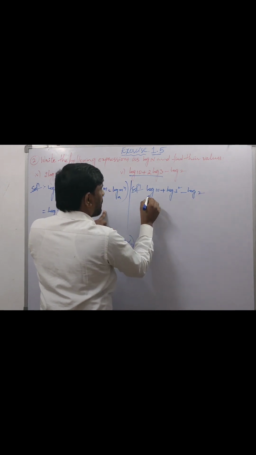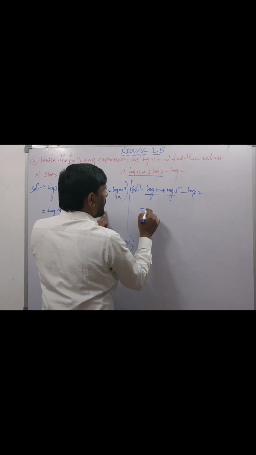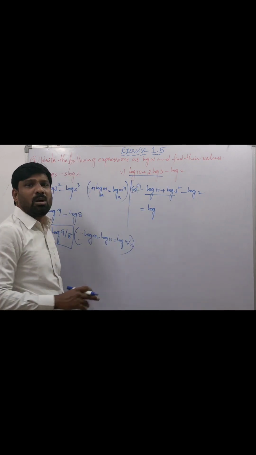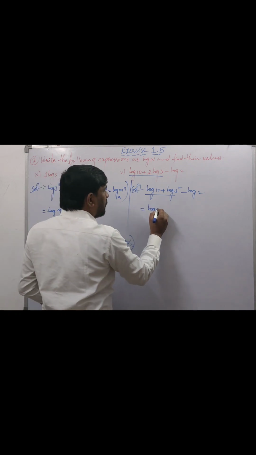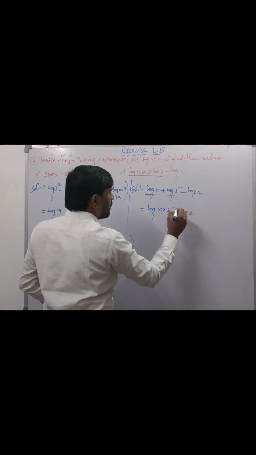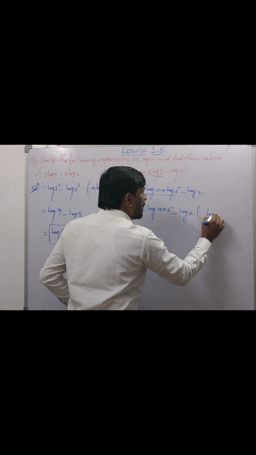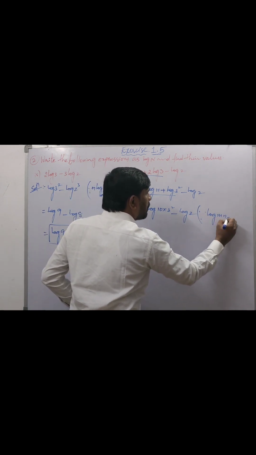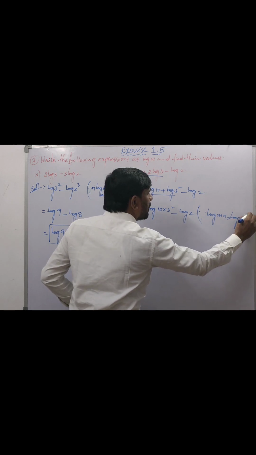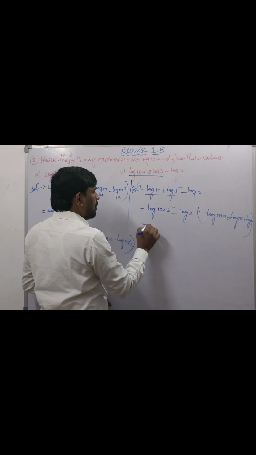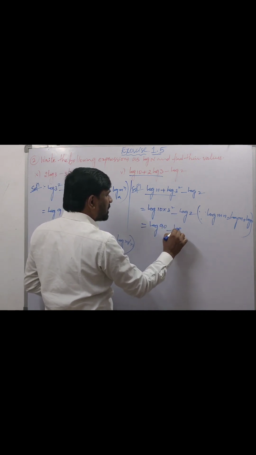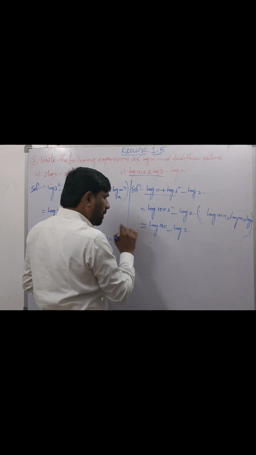Now this is log m plus log n is equal to log m into n. So logarithm of 10 into 3 square minus logarithm of 2, since logarithm of m into n is equal to logarithm of m plus logarithm of n. Clear? Now 10 into 9 is 90, so log 90 minus log 2, right?